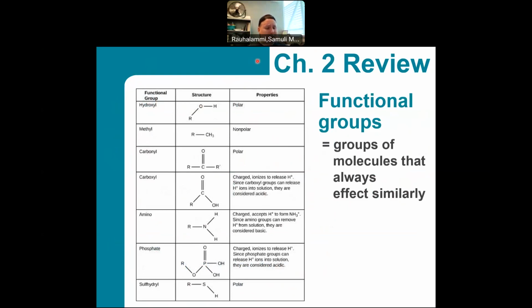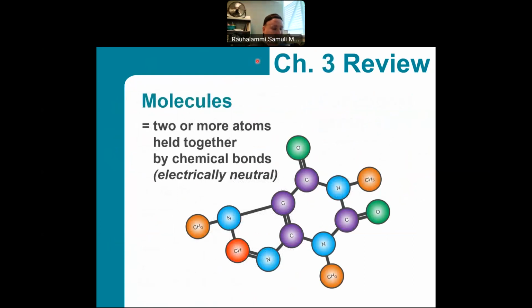Now let's move away from the pure chemistry and remain on the level of molecules, but look at really big molecules, the big molecules that are most essential for life.